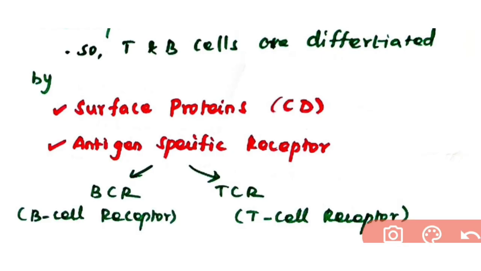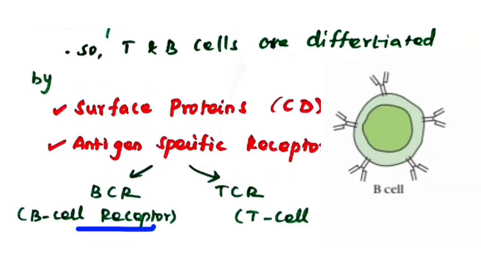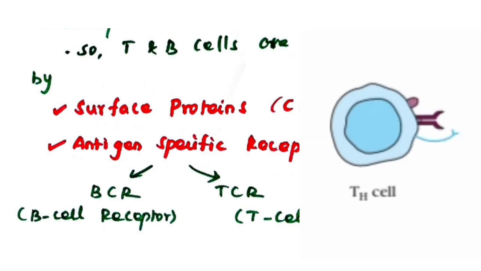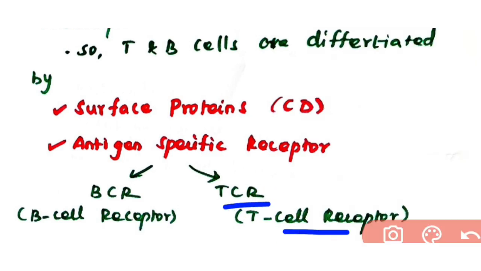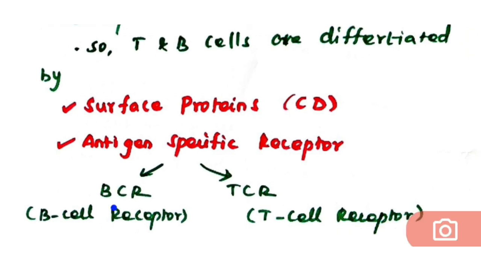B cells express the B cell receptor, BCR, on their surfaces, and T cells express T cell receptors, that is TCR, on their surfaces. Each B cell and T cell expresses many different types of receptors, up to a billion types. Each receptor has its own structure, so it specifically binds with a specific antigen.